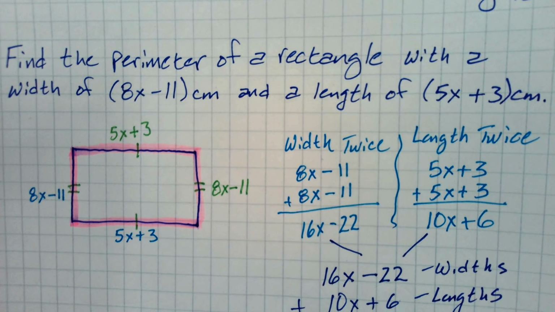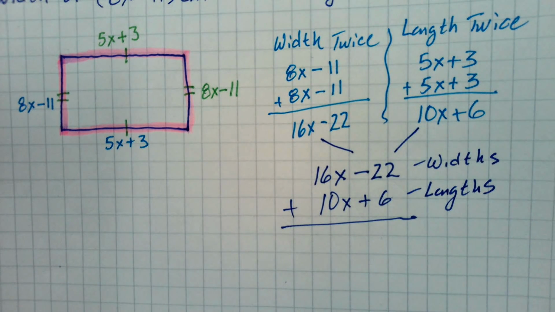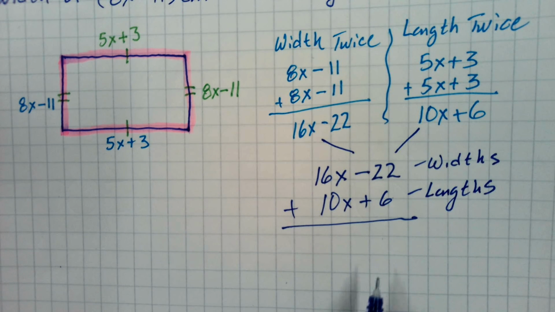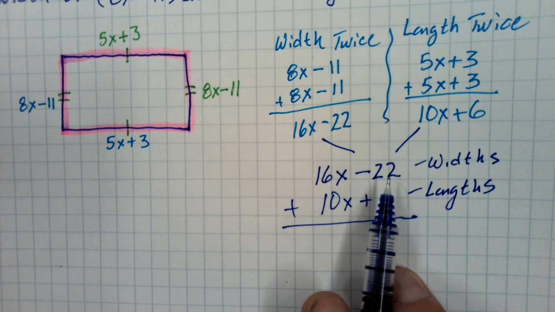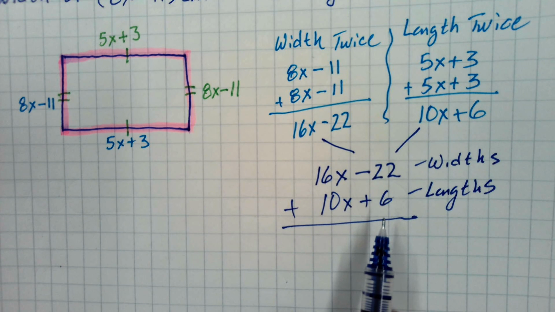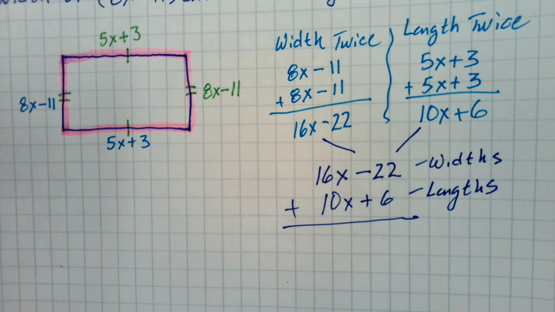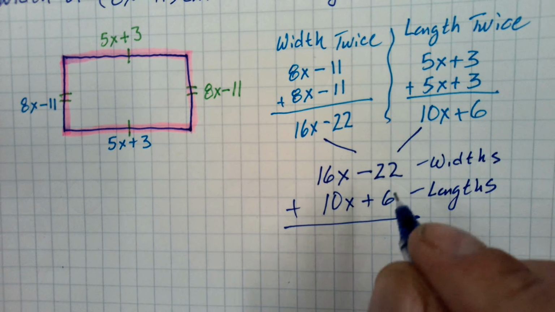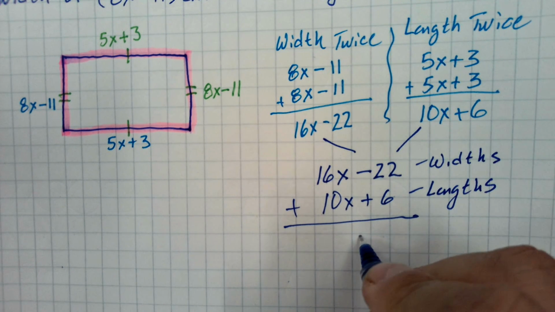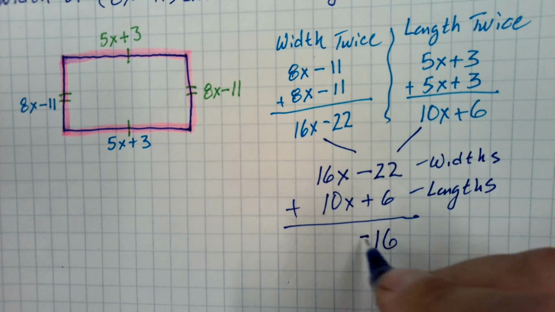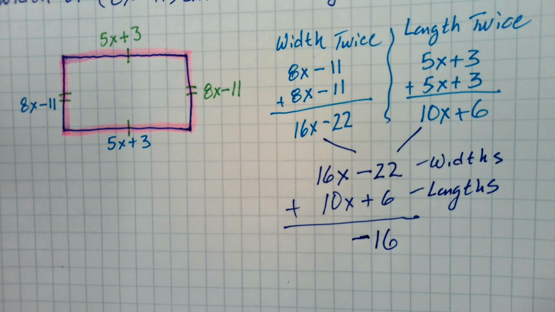Let me just add them this way since it kind of worked out well. Let's see what I get. I'm going to add negative 22 and positive 6. Negative 16. Yeah, you're adding a positive with a negative, so it's different sign, subtract, and you keep the sign of the bigger number. So that's going to be negative 16, so minus 16. How about 16 and 10?